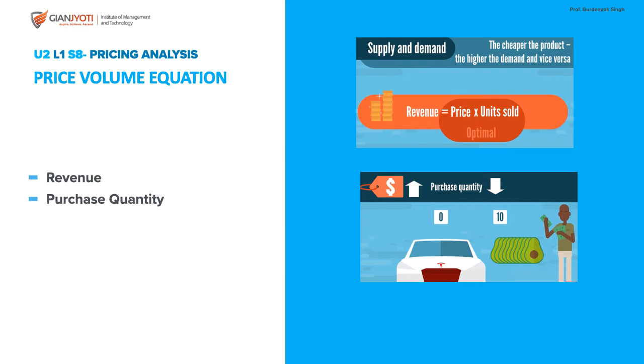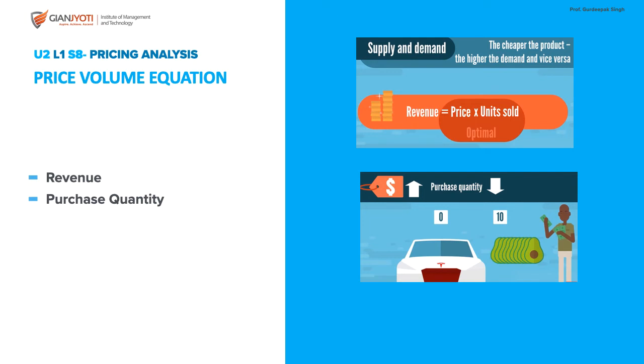For example, you want to buy a premium car. If the price goes up and you wanted to buy the car, but since the price has gone up tremendously, you have dropped the idea. So purchase quantity has moved from 1 to 0.